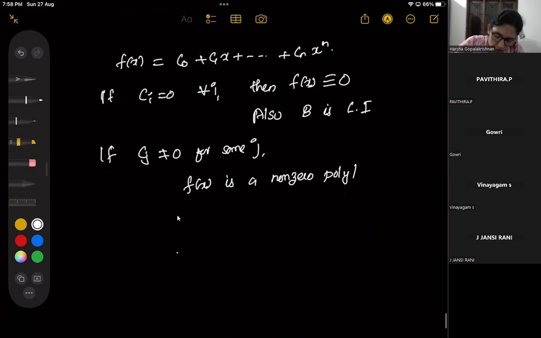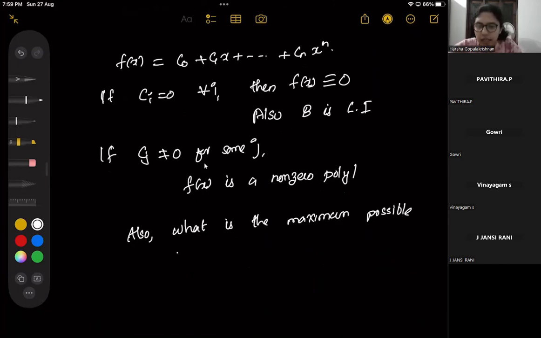So also, what is the maximum possible number of zeros of f of x? f of x is a non-zero polynomial of degree some n. We can say it is n.